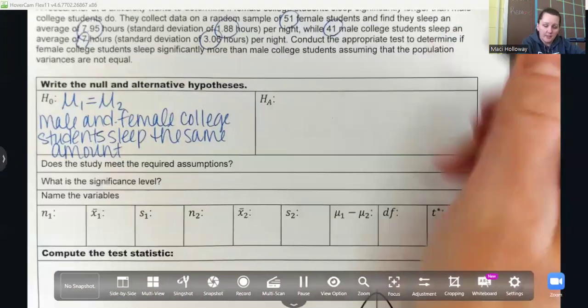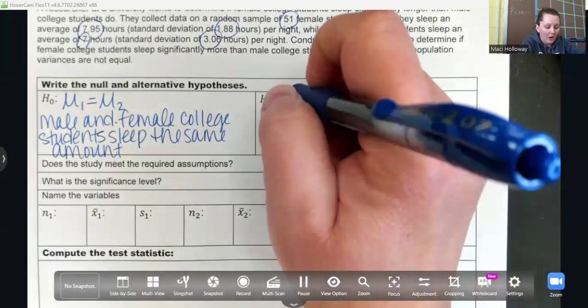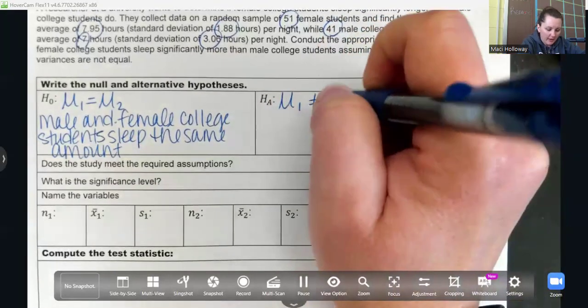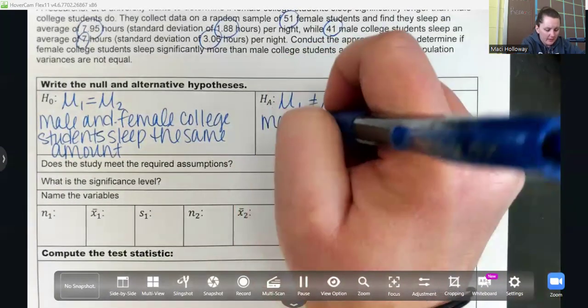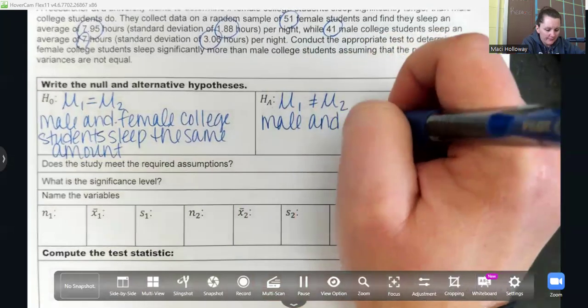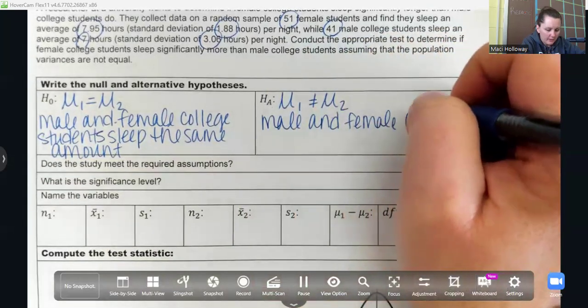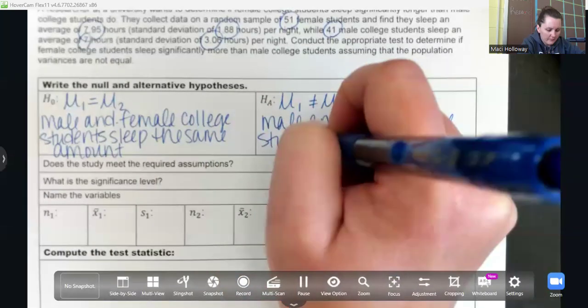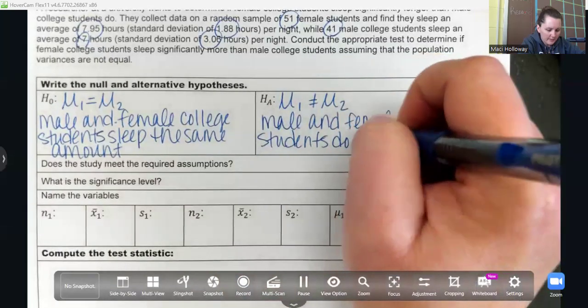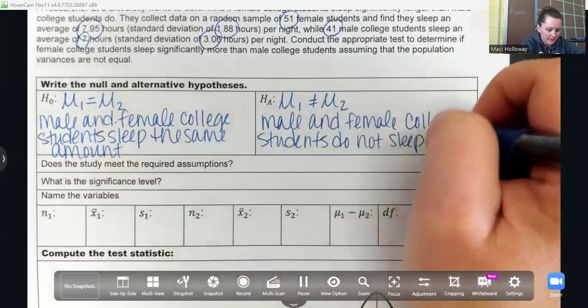And then our alternative hypothesis is that their averages are not equal. So we would say that male and female college students do not sleep the same amount.